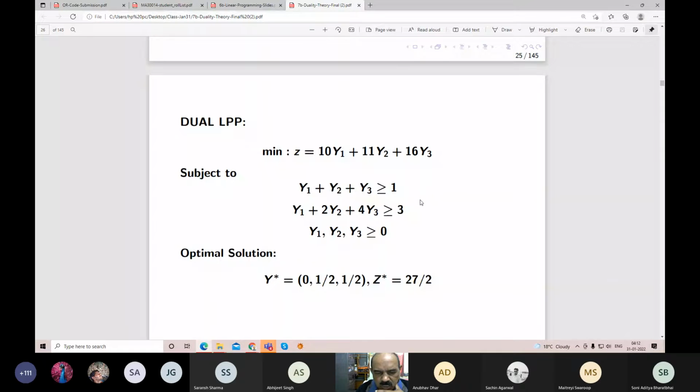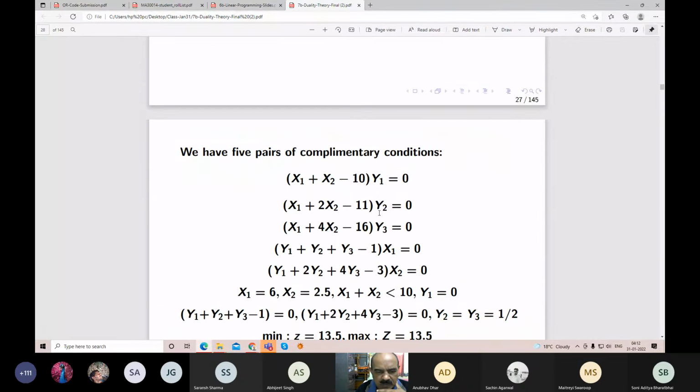So the complementary pairs will be like this: x1 plus x2 minus 10 into y1 equals 0. Second, x1 plus 2x2 minus 11 into y2 equals 0. Third, x1 plus 4x2 minus 16 into y3 equals 0. This will be fulfilled if it is optimal, and also if it is a feasible solution.